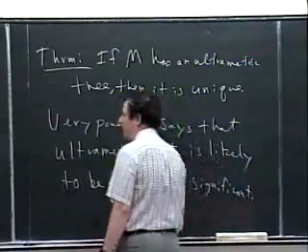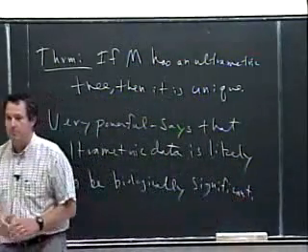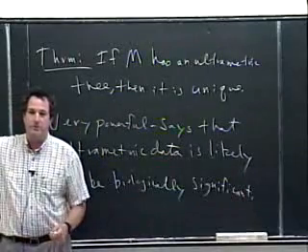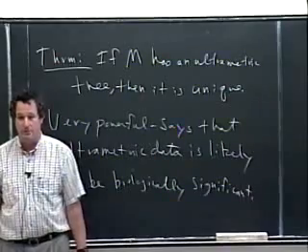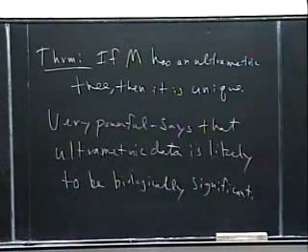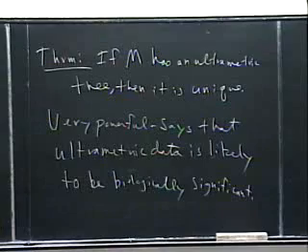Now, another way of arguing this is that most matrices that you would invent are not ultrametric. In fact, not even close. You get lots of violations of this by a lot.